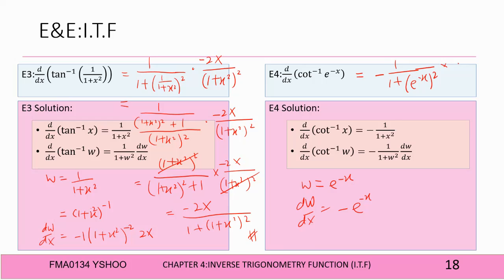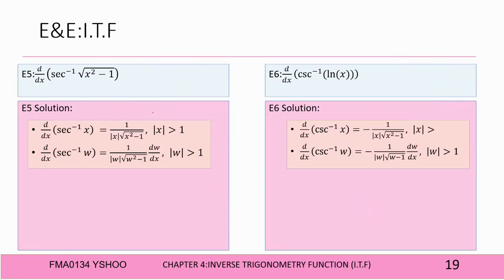Then our dw dx is negative e to the minus x. Negative over negative is positive, so I have e to the minus x at top, over 1 plus e to the minus 2x, settled. If you don't want to change it to become -2x also can, you can leave it as e to the minus x to the power of 2. The only thing is that sometimes when you compare with the actual answer, you will not get exactly the same.